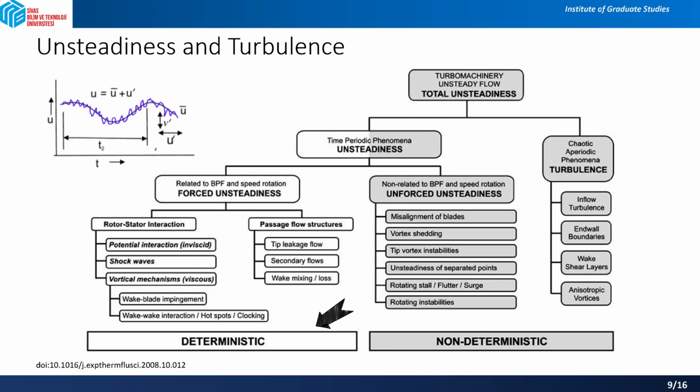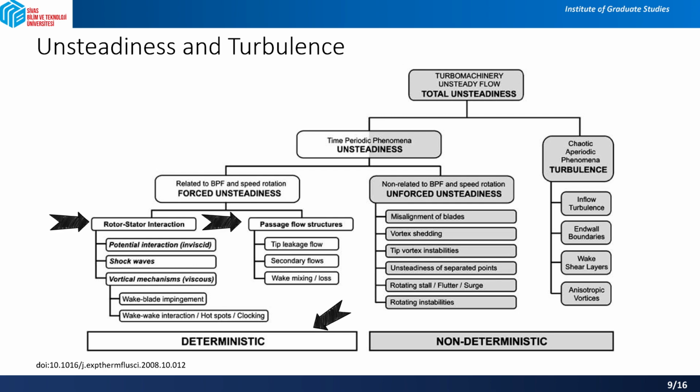But the deterministic parts, as you can see here, are, for example, the interactions between rotor and stator and the passage flow structures. So the leakage flow from the tip, the secondary flows. You remember that we mentioned the tip leakage, the secondary flows, the wake mixings in the turbomachinery. I already gave you some pictures of those.